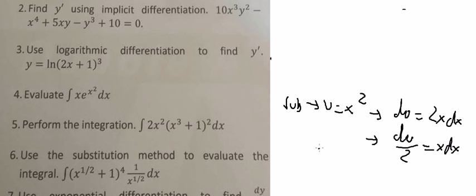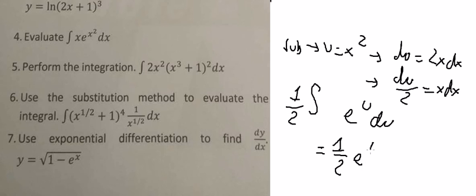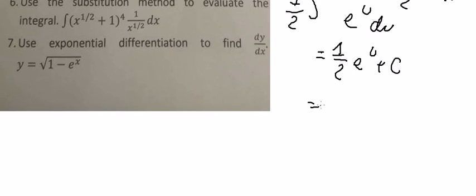So in this one, we change x squared into e to the power of u, and x dx we change for du over 2. And we get 1 over 2 e to the power of u plus c. For u, we need to change back to x squared. And this is the final answer.